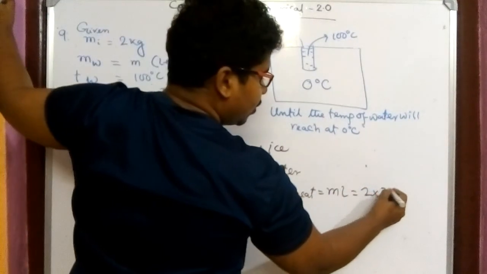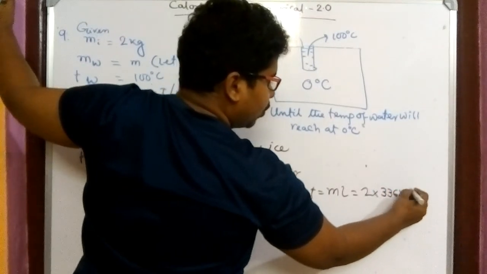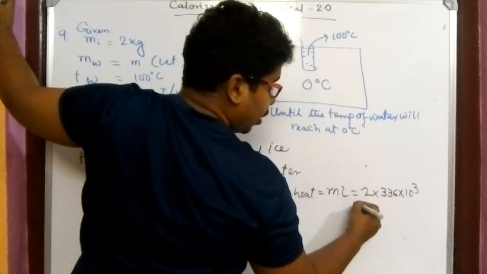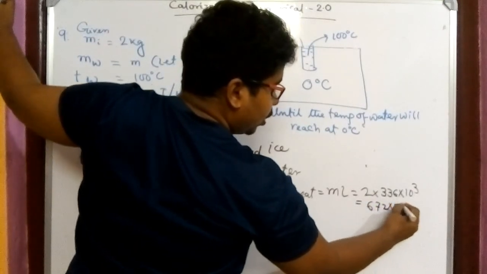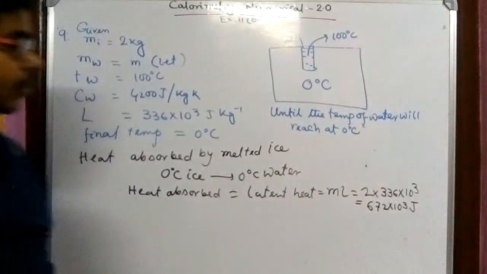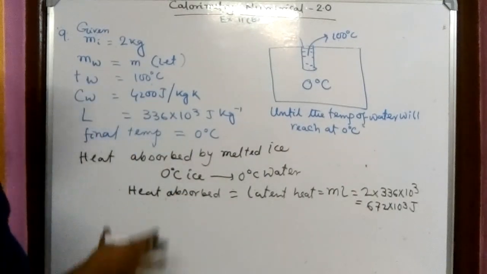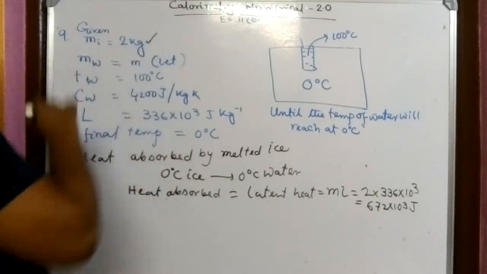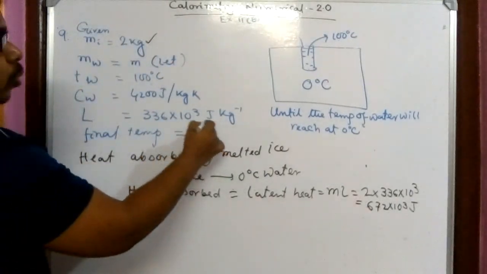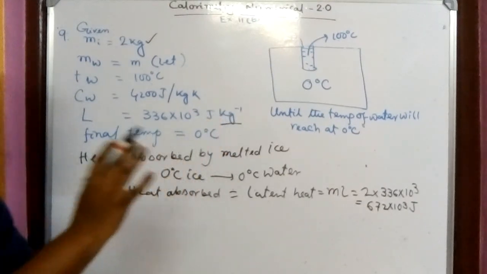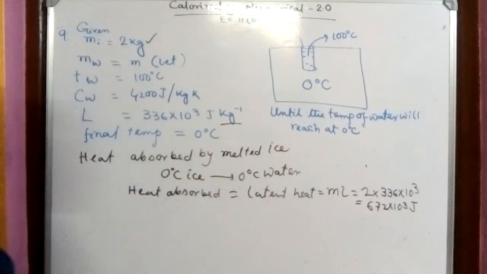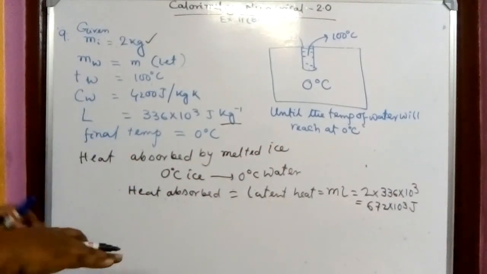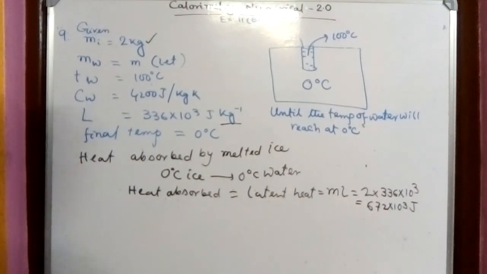That is 336 into 10 to the power 3 joule. So here it is 672 into 10 to the power 3 joule. Here you have to see one thing: as the mass is given in kg, no conversion is needed here. As both are in kg, we have directly multiplied. If it is in gram, then a conversion will be needed.